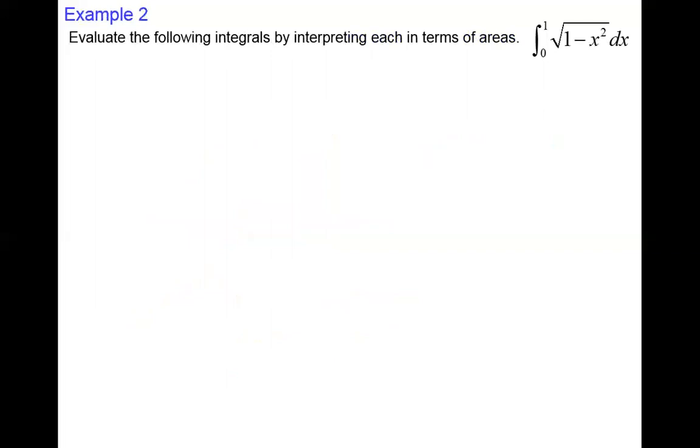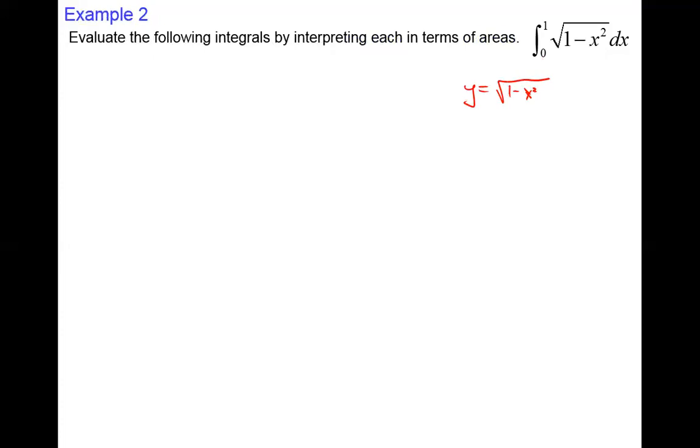Example number 2. Evaluate the following integral by interpreting it in terms of areas. Definite integral from 0 to 1 of the square root of the quantity 1 minus x squared dx. First of all, we have to know the shape of this function.